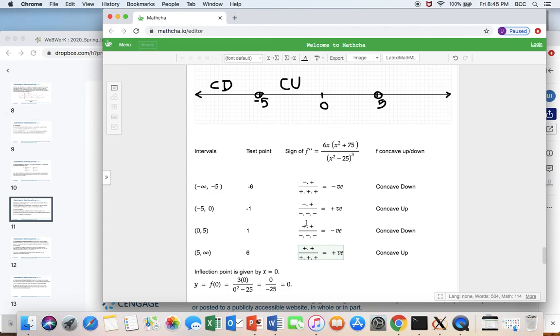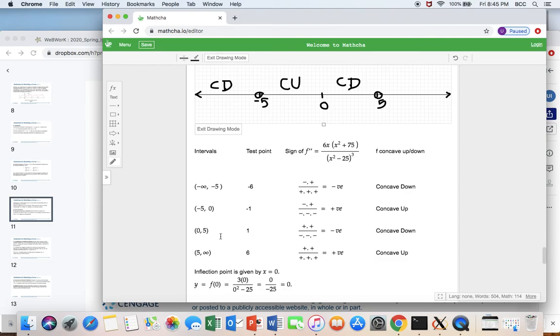So I have positive, positive upstairs. 1 minus 25, negative, negative, negative, negative. 3 negatives in all. That's a negative, so it's concave down. The third interval, I am concave down here.